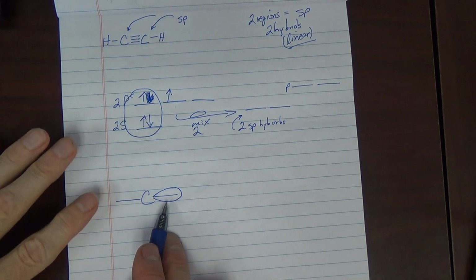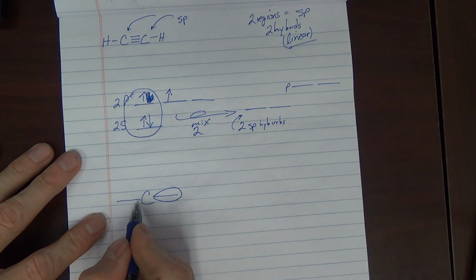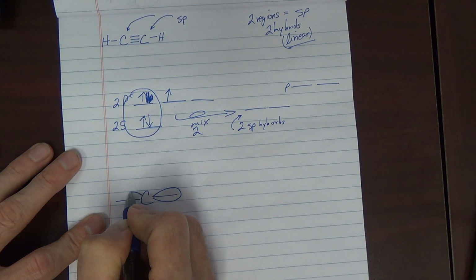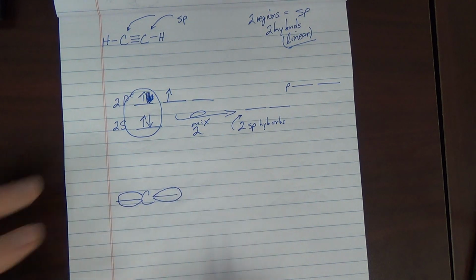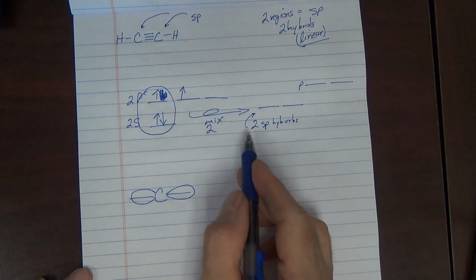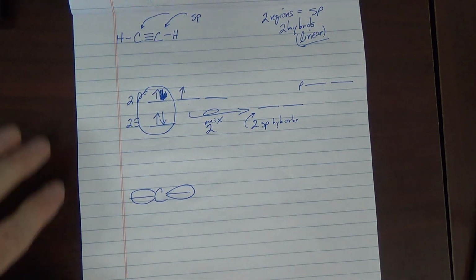We'll get to that. I'm not going to do the back lobe here, because over here I'm going to leave the room for the other one. That's not a p orbital, that's two sp hybrids with no back lobe.